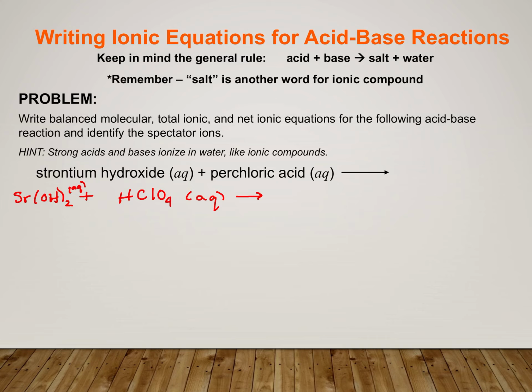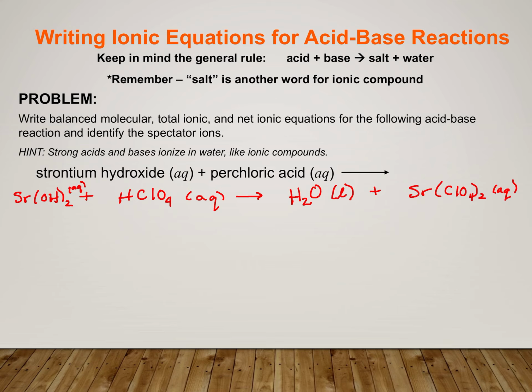And then when we react those together, one of the things we're going to get is water. And whenever you're writing water, it's always going to get an L. Water is a pure liquid. And what this means practically is that when we are writing these ionic reactions, either complete ionic or net ionic, we are not going to break apart water because it's a pure liquid. The other thing that we're going to get is strontium perchlorate. And that is going to be aqueous because perchlorates are typically aqueous.